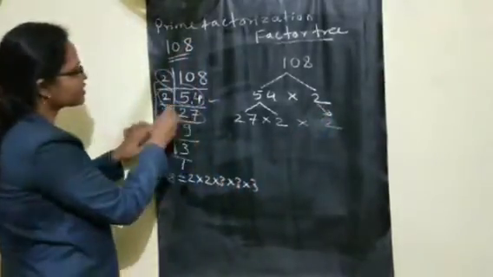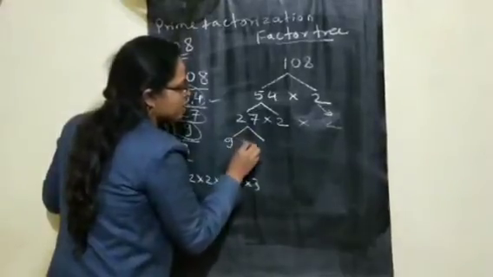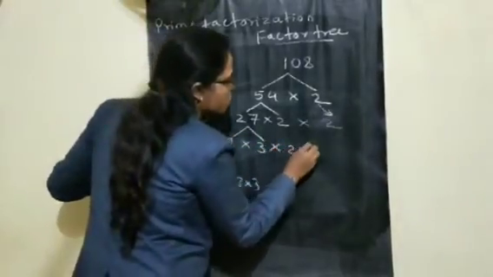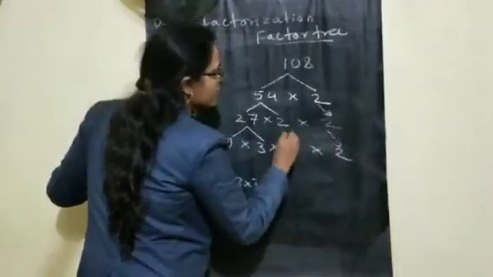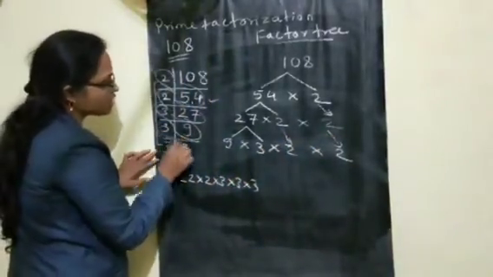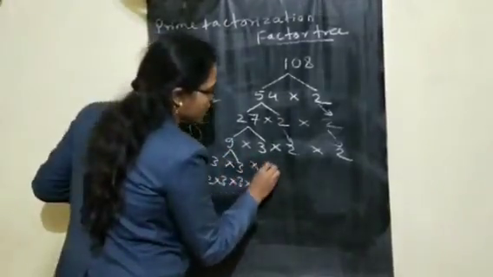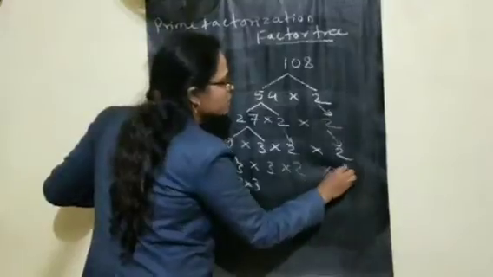Then how did you get 27? 3 9s are 27. So again 9 multiplied by 3 multiplied by this 2, and this 2 continues. Now how did you get the 9? 3 multiplied by 3. So 3 multiplied by 3 multiplied by 3 multiplied by 2 multiplied by 2.